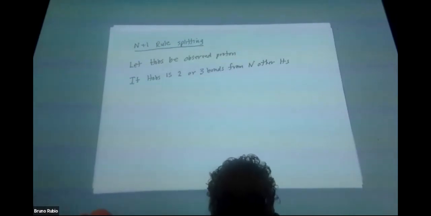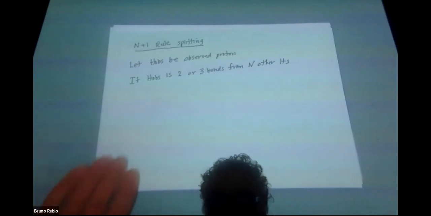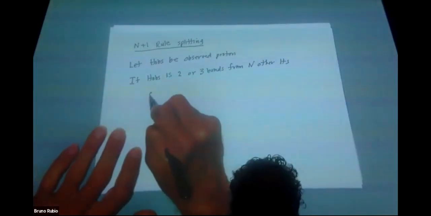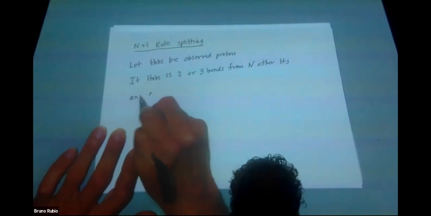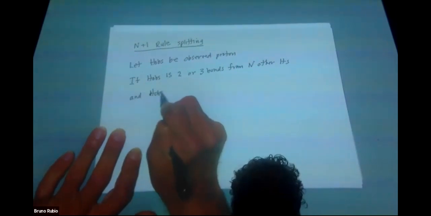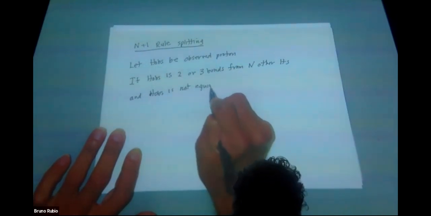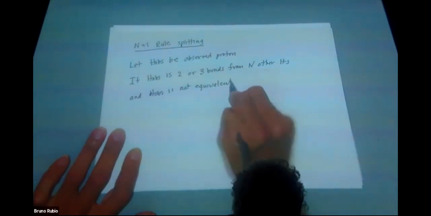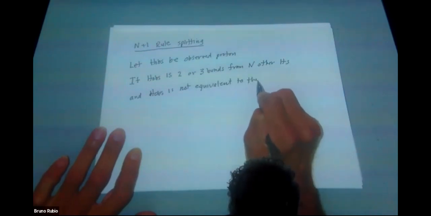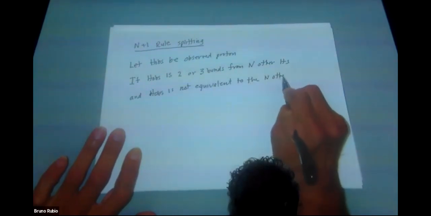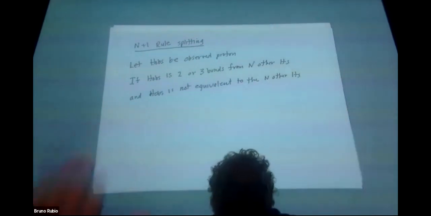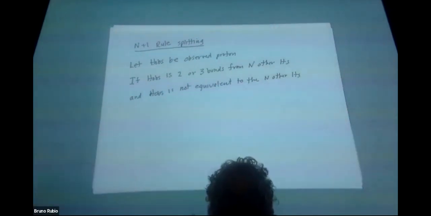If the H observed is 2 or 3 bonds from N other protons, and H observed is not equivalent to the N other protons, because remember, we only see splitting between protons that aren't equivalent to each other, either in theory or in principle or by accident.